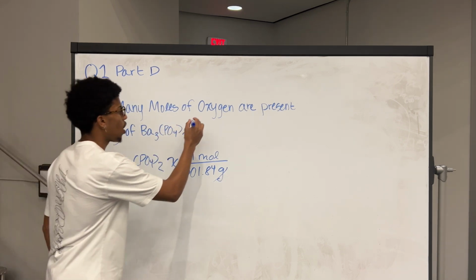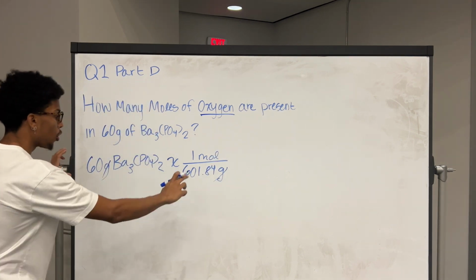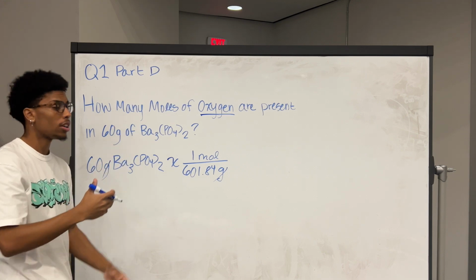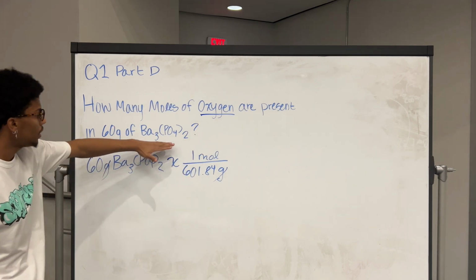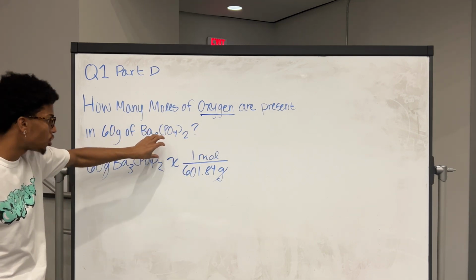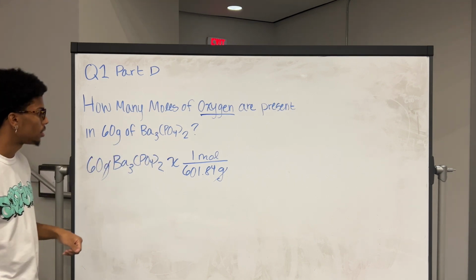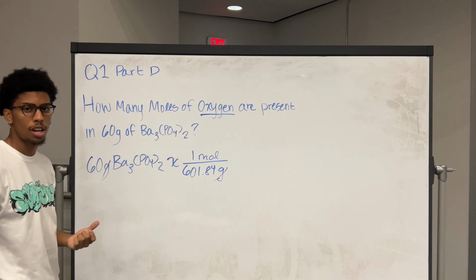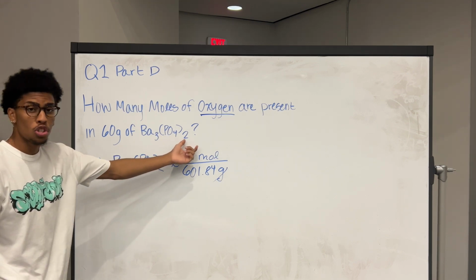It's asking for oxygen. So after we've converted the whole compound to moles, now we can focus on the part, which is oxygen. So when you look at this compound, how many moles of oxygen are within this compound? Well, we have 4 here, but there's 2 units of this polyatomic ion. So 4 times 2 is 8.